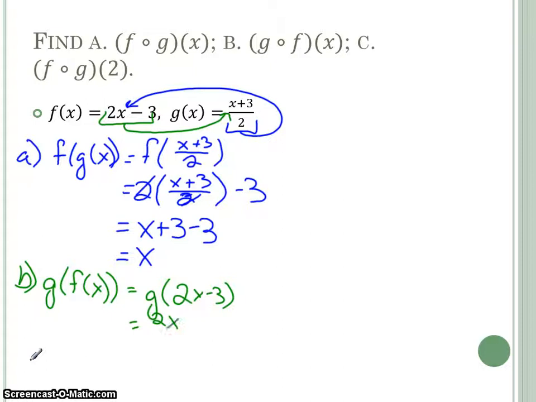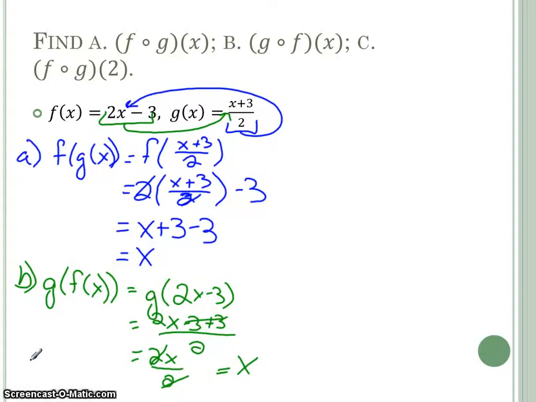So we'll have 2x minus 3 plus 3 over 2. So, yeah, those 3's would cancel. And we'll get 2x over 2. Now those 2's cancel. And jazz hands, we get x.